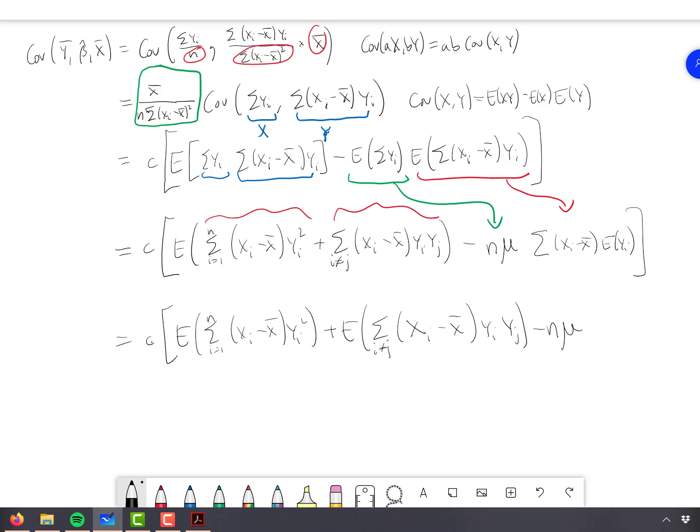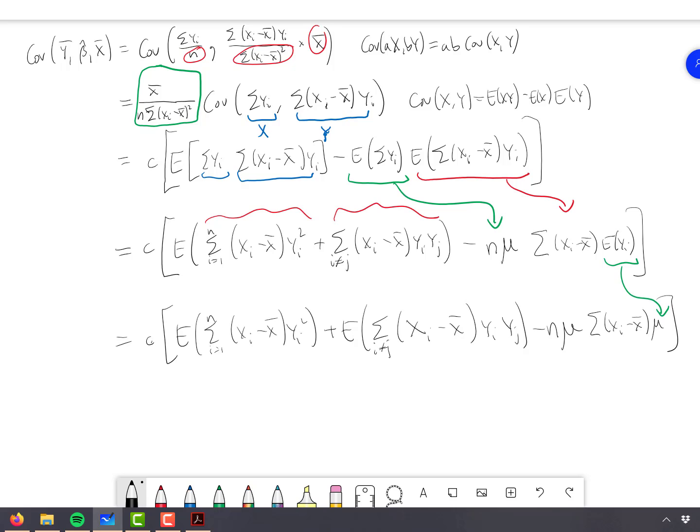That term's kind of done and we're finished working with that. And then here we can note that what we have is going to be the sum of our xi minus x bar times mu, because we know the expectation of yi will be equal to mu.